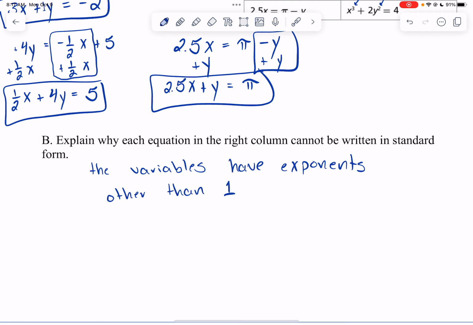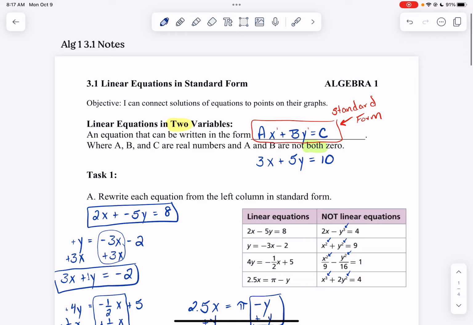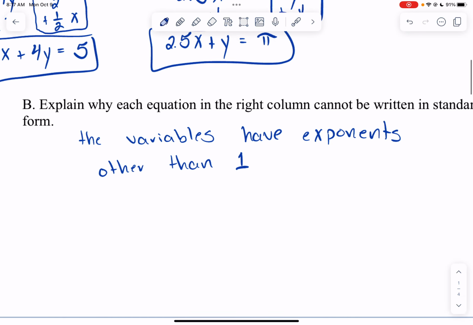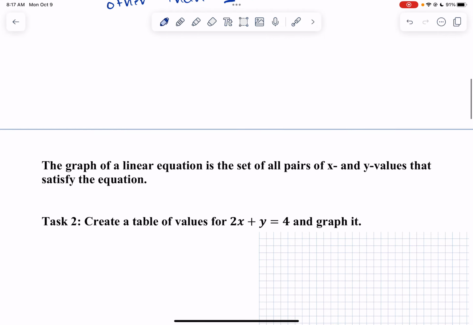Linear equations, the variables only have an exponent of 1. It's x to the first, y to the first. Okay, just one single x, just one single y. So the variables have exponents other than 1, which makes them not linear.